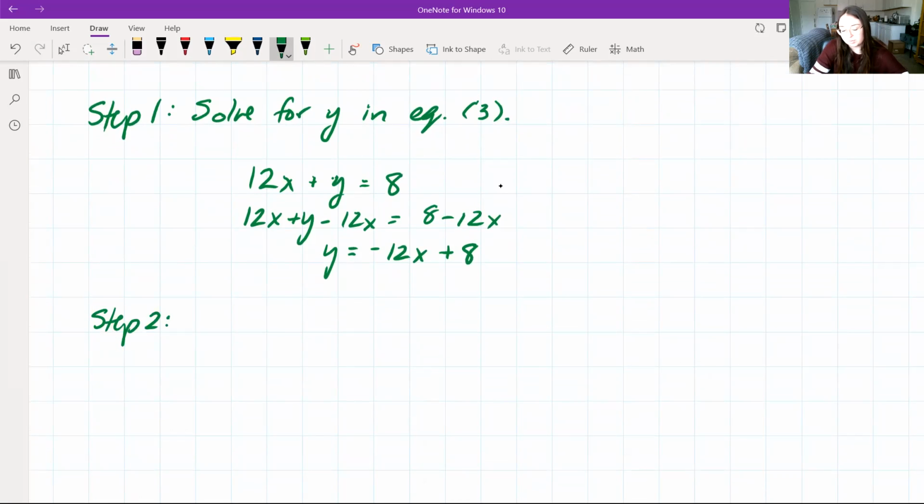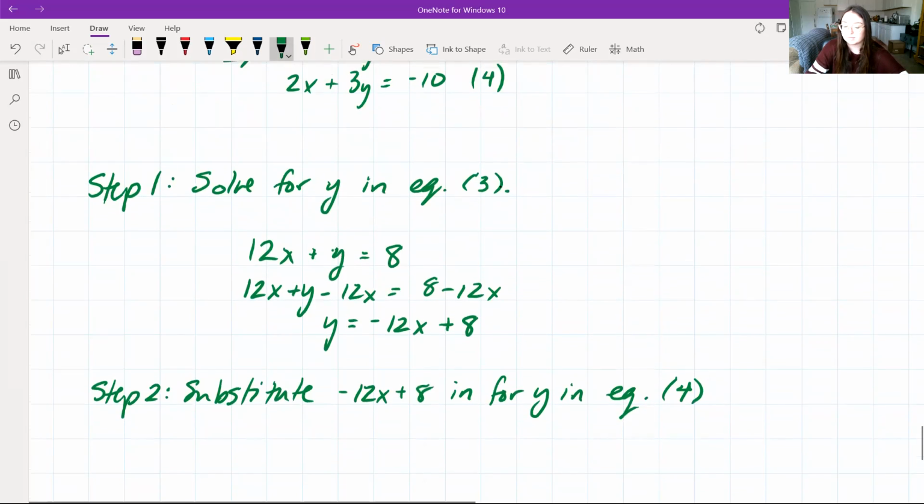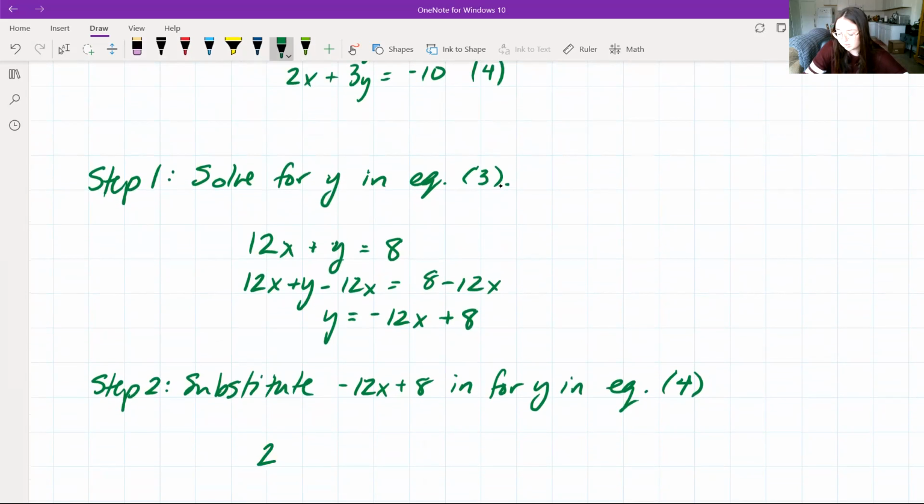And in step 2, we want to substitute -12x plus 8 in for y in equation 4. And this is where we had 2x plus 3 times y. So now we're going to have 3 times -12x plus 8, which we're setting equal to -10.